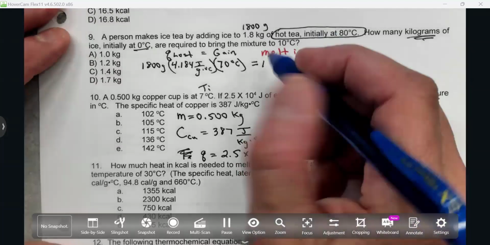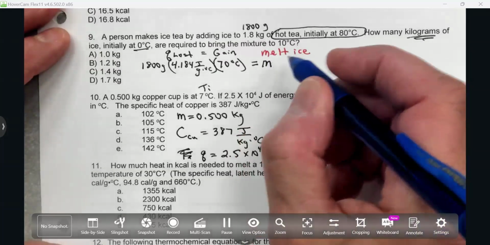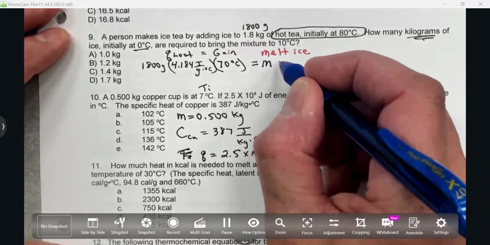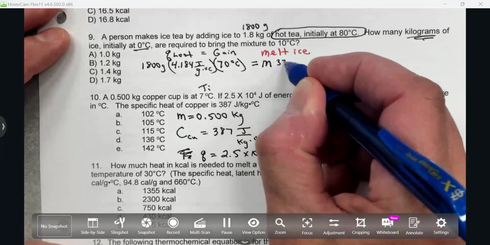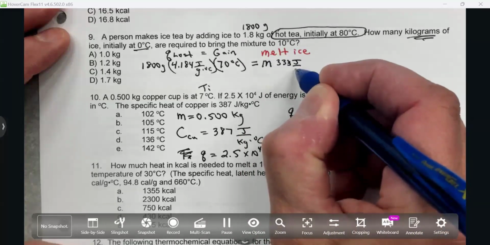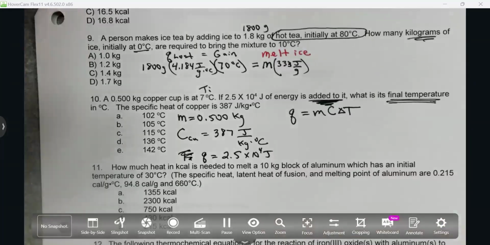Oh, that's what we're looking for. The mass times the enthalpy of fusion for ice, which I believe is 333.